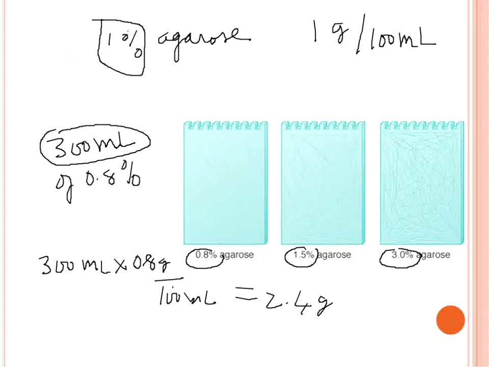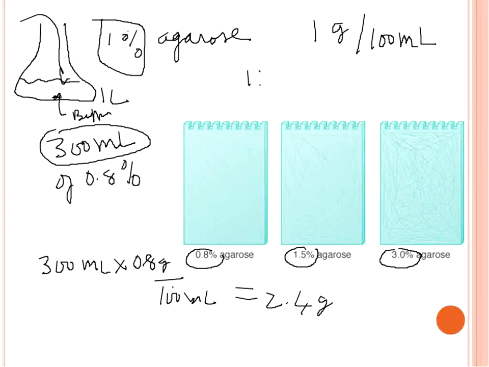You're going to put the agarose into the buffer in a flask, of course. And if you are making 300 milliliters, you might want a 1-liter flask, because you don't want that solution to boil over, remember? So you put in your buffer, add the agarose, and then you're going to put it into the microwave.